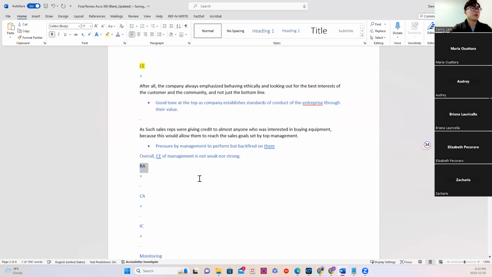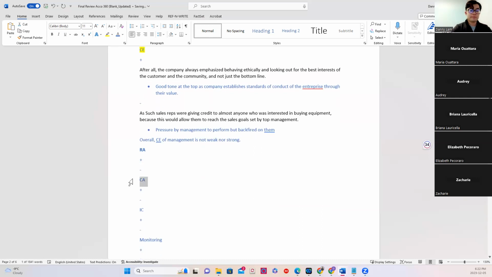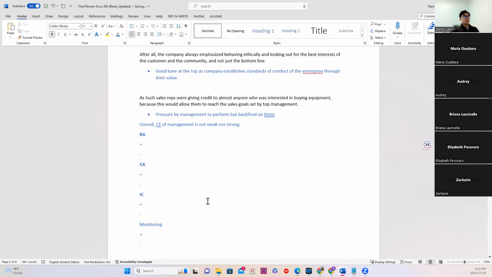For this case they didn't really talk about management, but usually it does talk a lot about management. Second of all, you see there's a risk assessment, but I want you to jump right into control activities, not control environment. Sorry, I'm very tired from working all day, so that's why I need you guys to help me out.